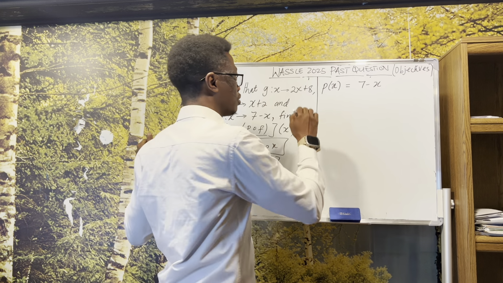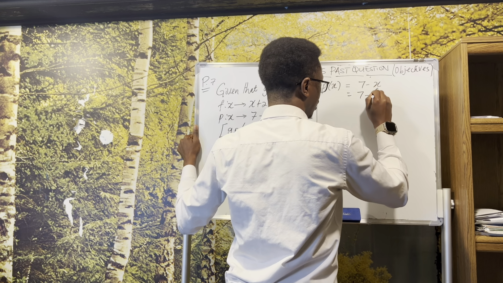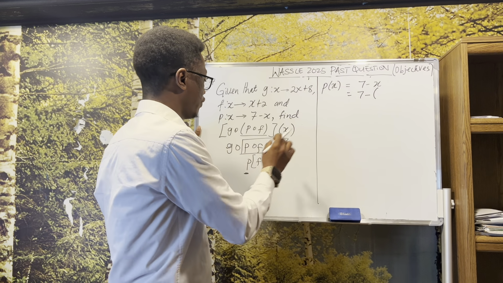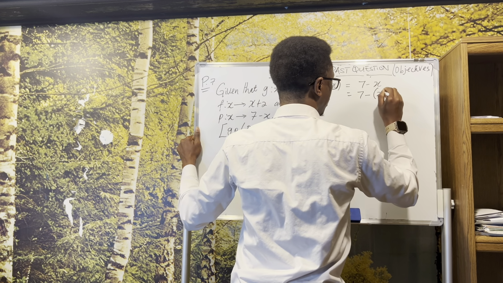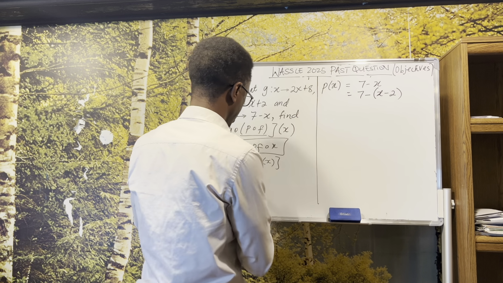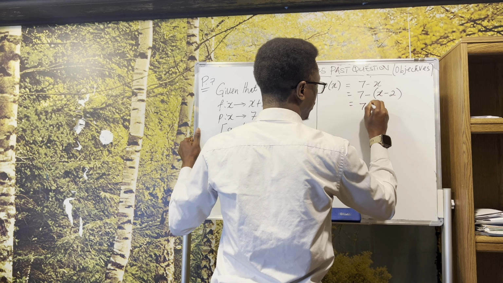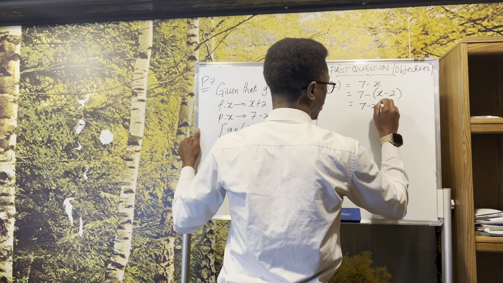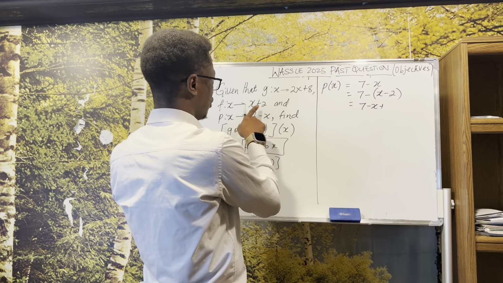So that means this is equal to 7 minus, instead of x, you put the whole of f of x, and f of x is x minus 2. So this is 7 minus (x minus 2). Now if we simplify, this becomes 7 minus x, and the opposite of minus 2 is plus 2.